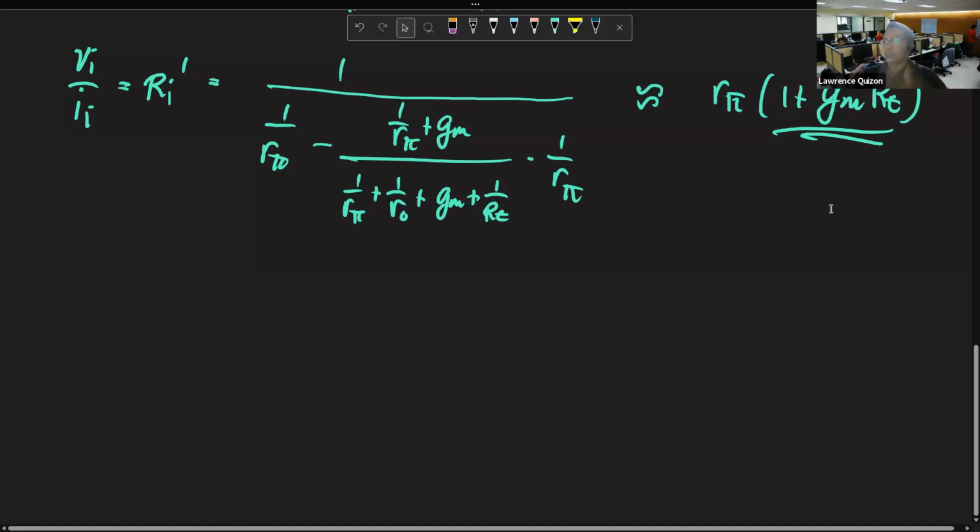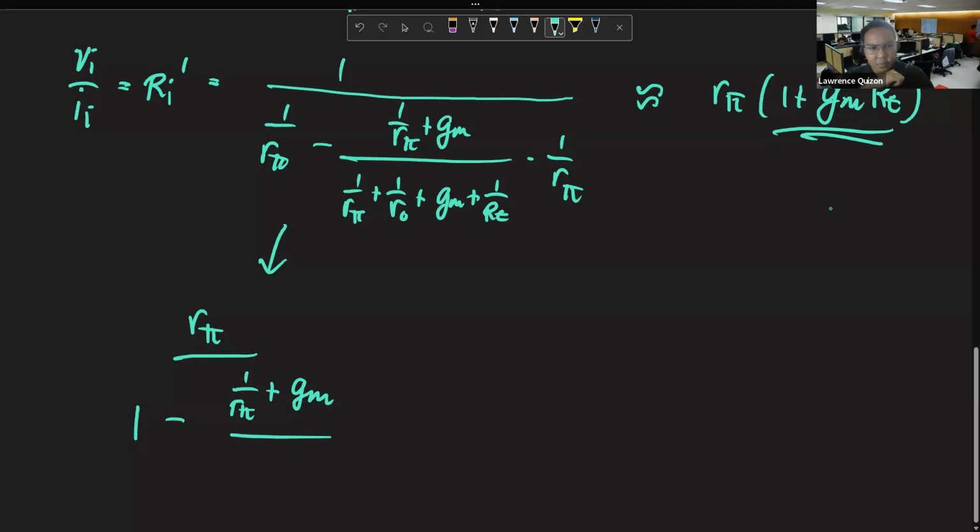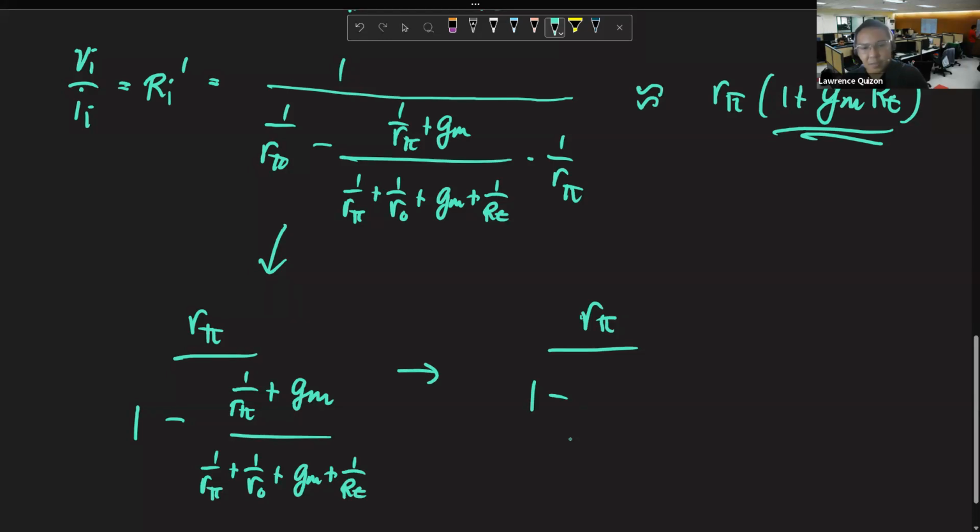So if you want a more concise version, then of course feel free to look at the slides, no? But okay, so to get there, no, first what I'm gonna do is multiply R pi to both sides, well, both top and bottom, no? Which leaves us with this, no? So 1 over R pi plus GM over the bottom side, no? Next, what I'm gonna do is multiply RE to both sides of this, no?